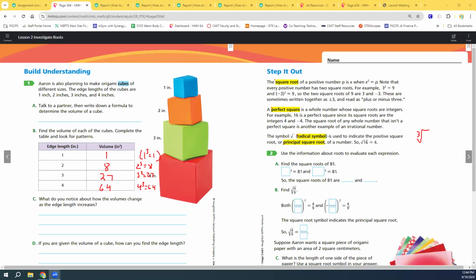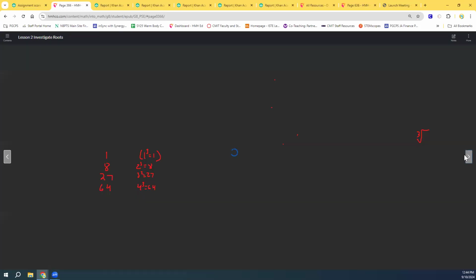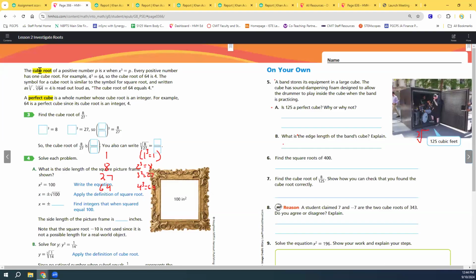Right now, for the Edpuzzle note sheets for you, let's turn the page. And we can see the cube roots, and where is that? There it is. There's the symbol right there. Okay, so we're going to talk about cube roots in this video right here.